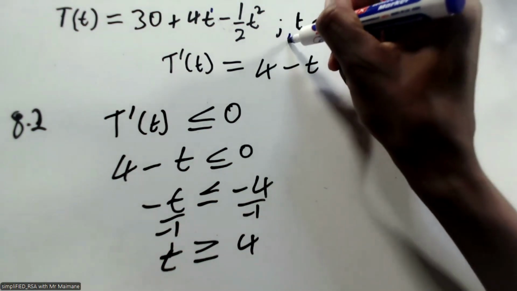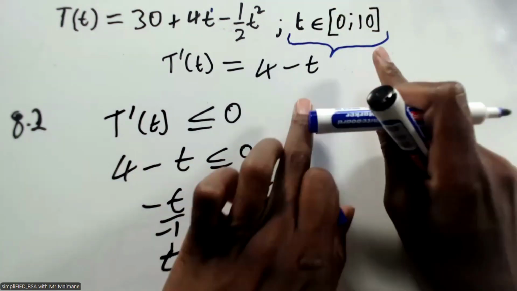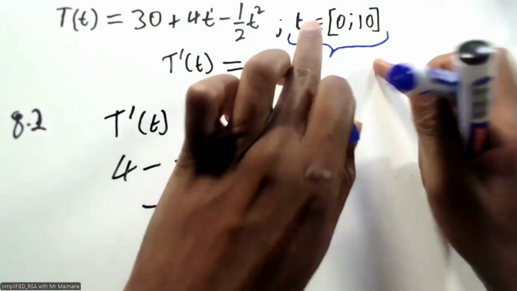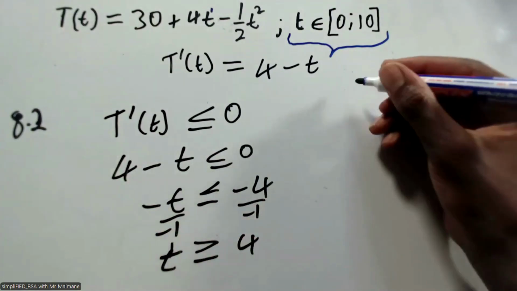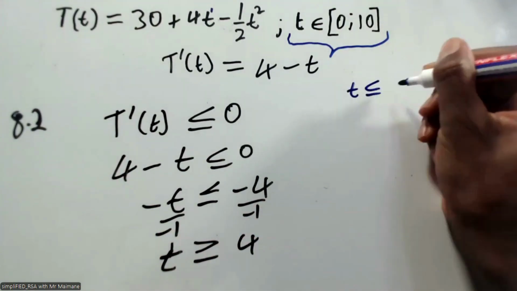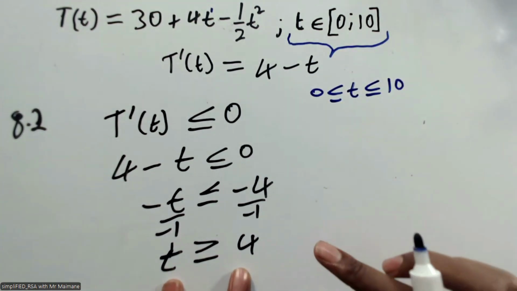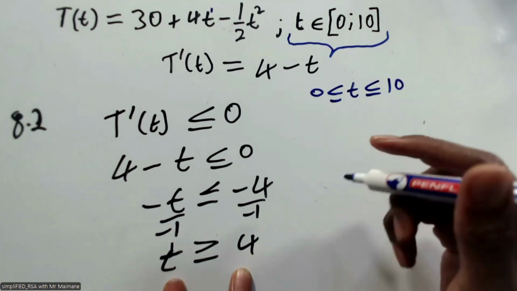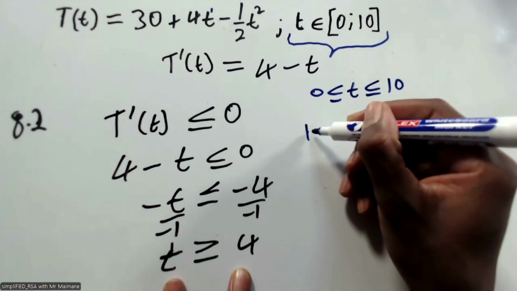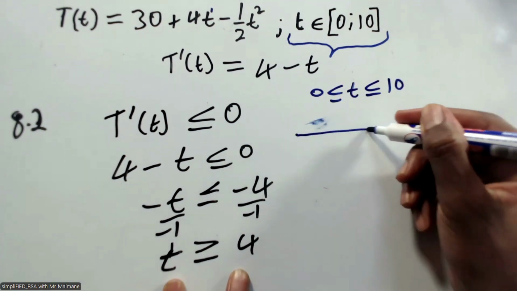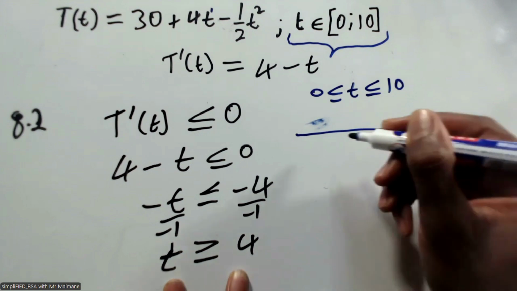But before you conclude this as your final answer, remember that you have the interval that was given initially. We are told that t is between 0 and 10. And I did state that this is the same as us saying t is between 10 and 0. Now, it's decreasing when t is greater than 4. Considering what I have, let me just put it on a number line.